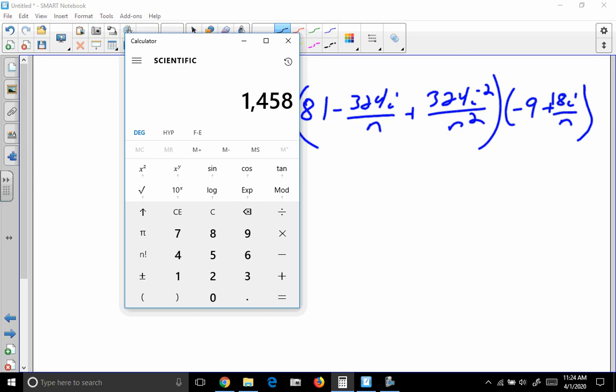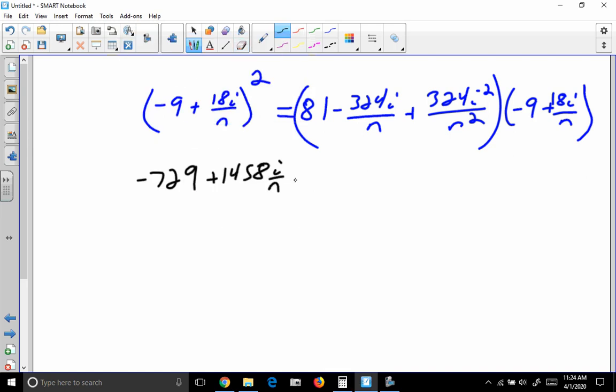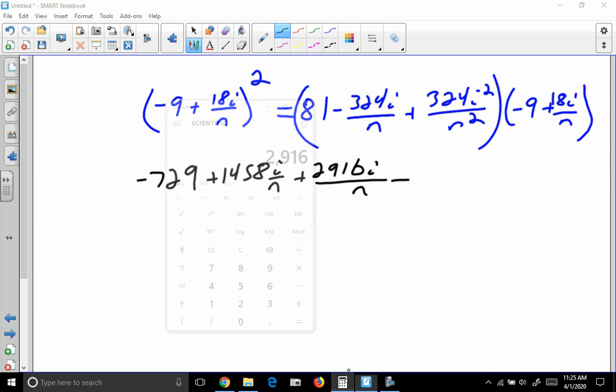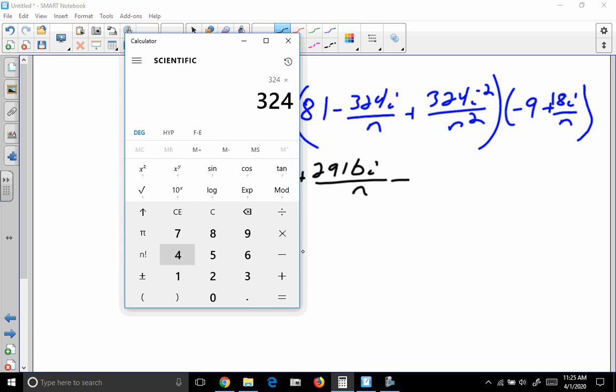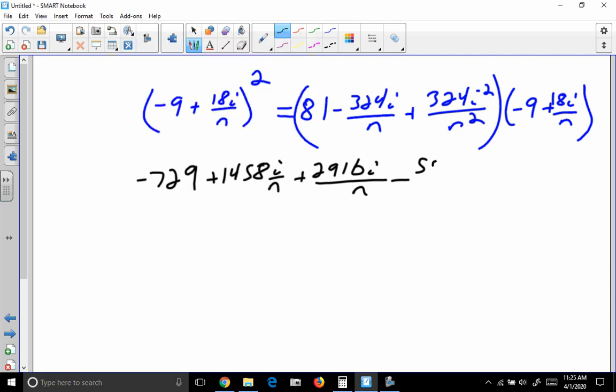So negative times negative will be positive. 324 times 9, 2,916. And that'll be i over n. That one times that one, a negative times a positive is a negative. 324 times 18 will be 5832. This one times that one will be i squared over n squared.